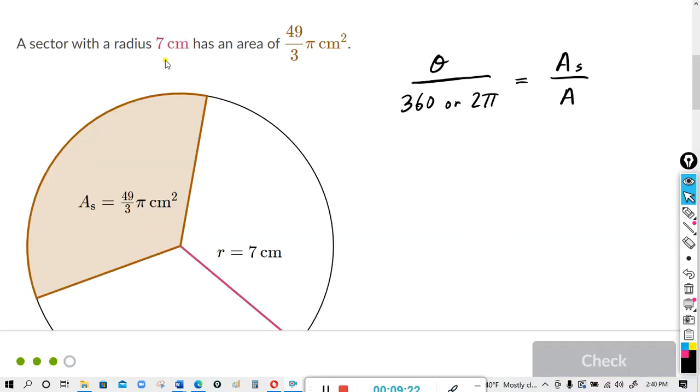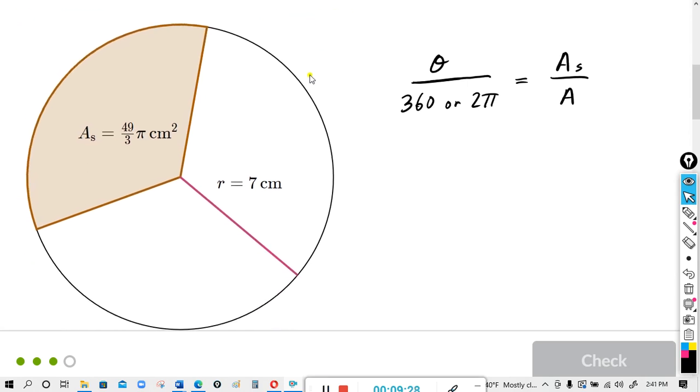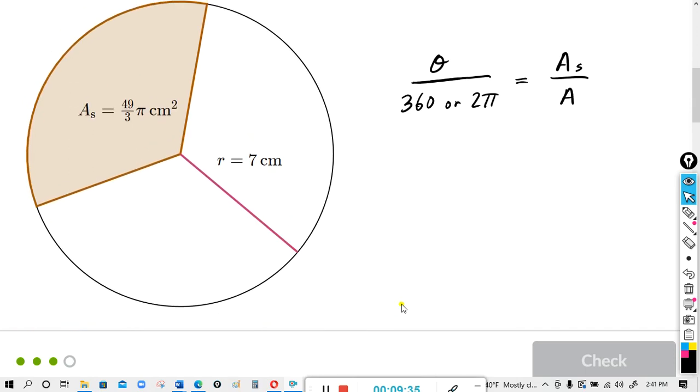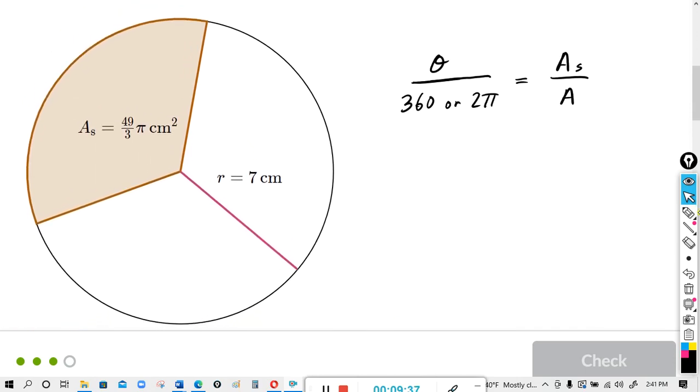A sector with radius 7 has an area of 49 over 3 times pi. What is the central angle measure of the sector in degrees? Once again, we're looking for the central angle measurement right here, the Greek letter theta.